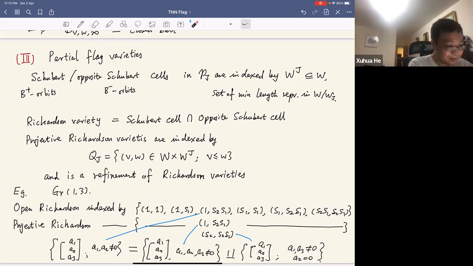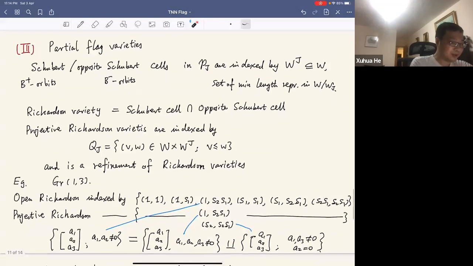However, the Richardson varieties in the partial flag variety are, in some sense, not well behaved.